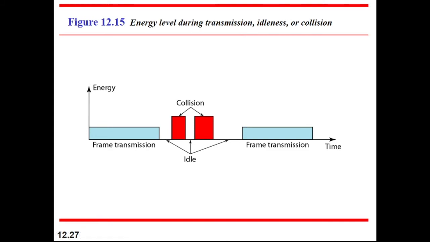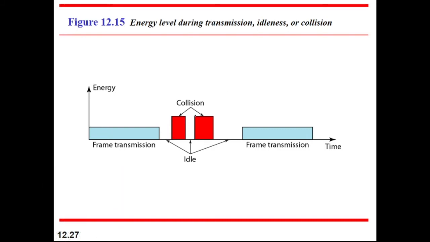So these are the energy levels during transmission, idleness or collision. Here the frame transmission is going on, and when a collision occurs, the energy level becomes high. When the channel is idle, the energy level is this.